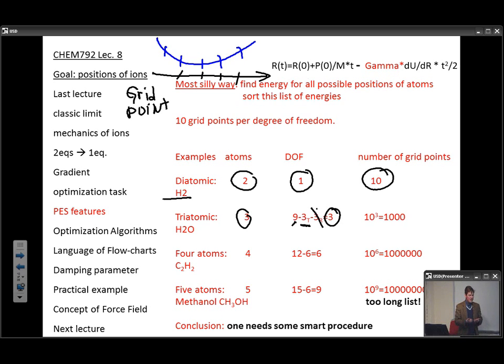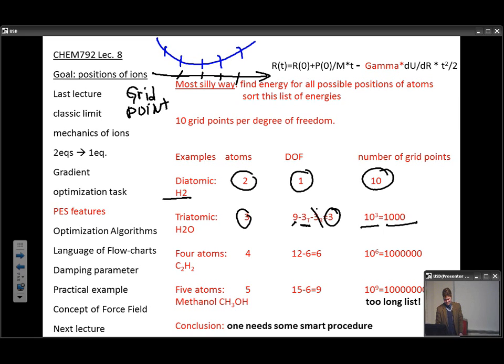Then our dimensionality of parameter space becomes 10 to the power 3, because we have 10 grid points for one interatomic distance, 10 grid points for another one, and 10 for different angles. And then we need to multiply, so we have total 1,000 realizations, 1,000 nuclear configurations that we need to explore and then sort. Okay, we can do it. It is not a big deal.